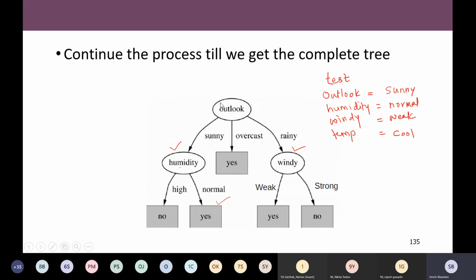See, we are going to follow the same algorithm. We have selected the Outlook. The remaining three attributes we are having are humidity, temperature and windy. For these three attributes, once again we need to follow the entire procedure.